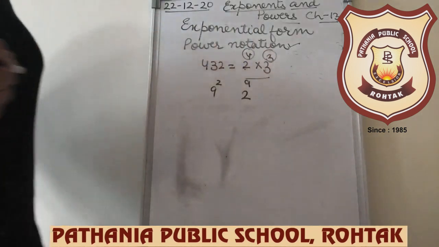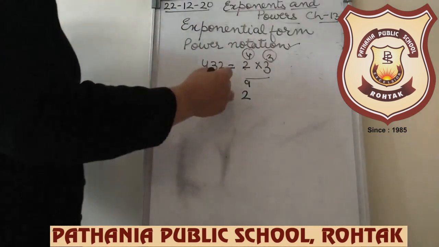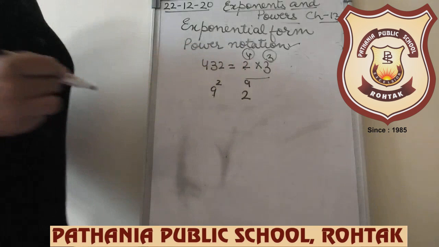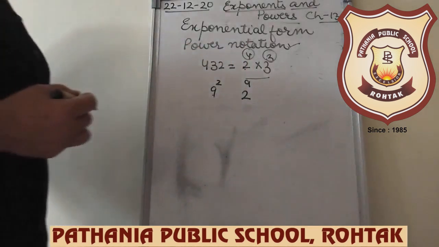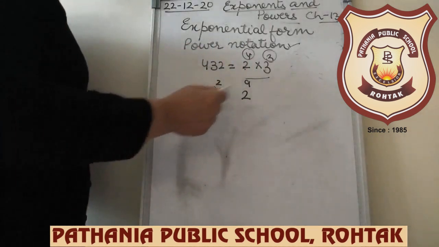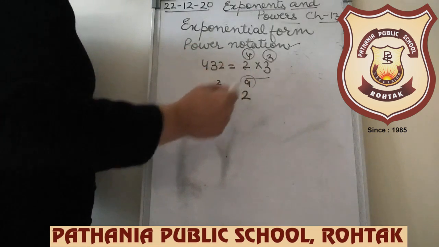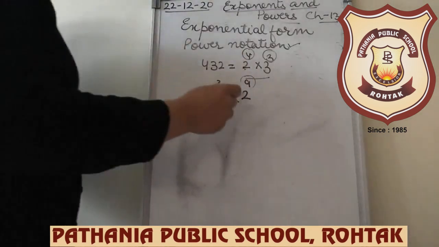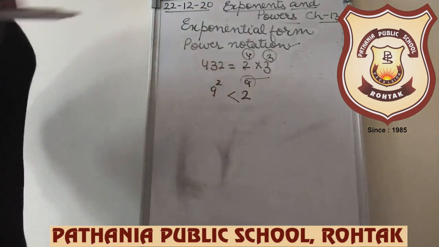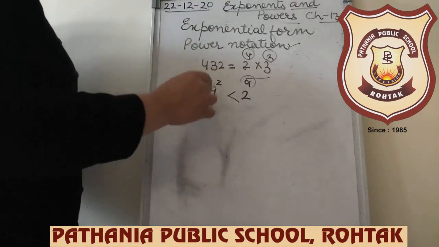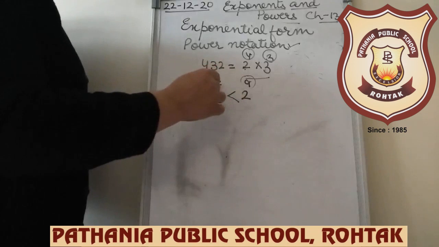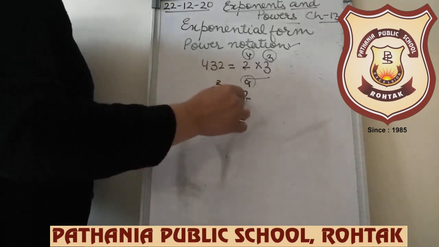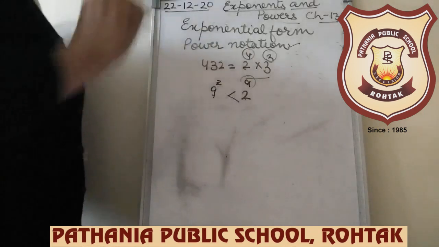Now here if this type of question comes, 9 raised to the power 2 and 2 raised to the power 9, which one is greater? Just see the power. When such a combination is there, reversed, vice versa, base and power, the same power will now become the base and the base will become the power.